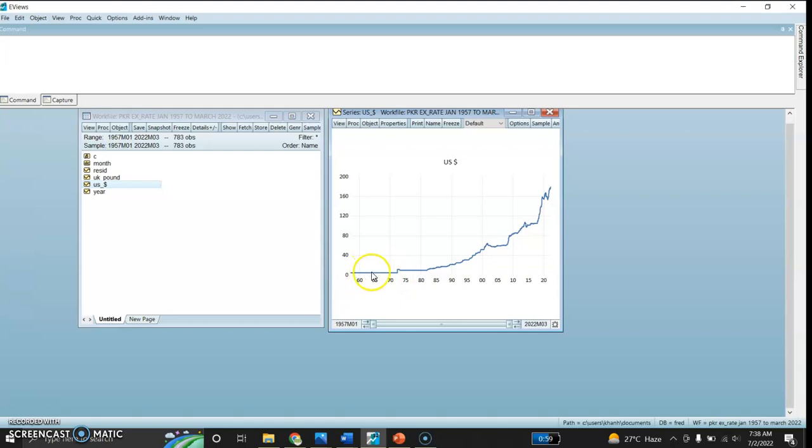So in this range, the dollar exchange rate was constant because Pakistan had linked its rupee with dollar, but then after delinking in 1972-73, this rate has slowly and gradually been increasing.